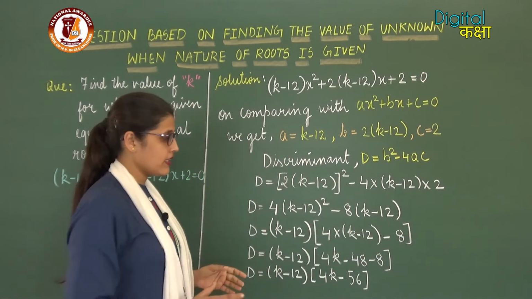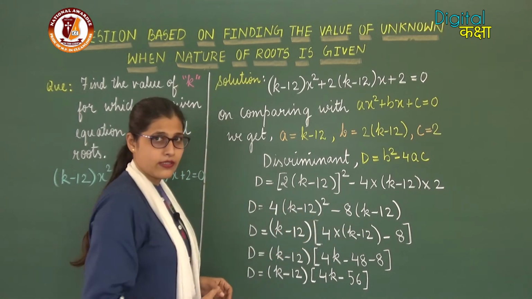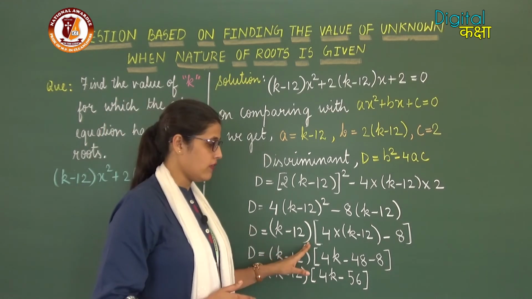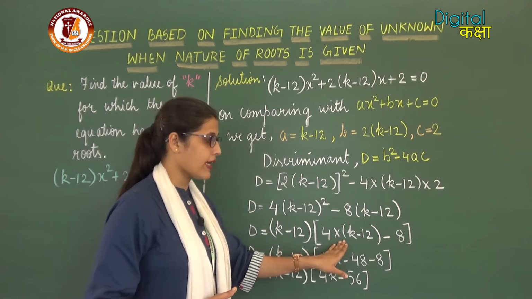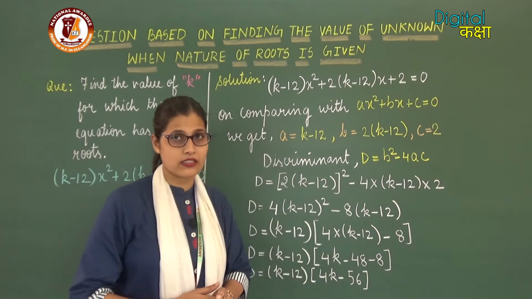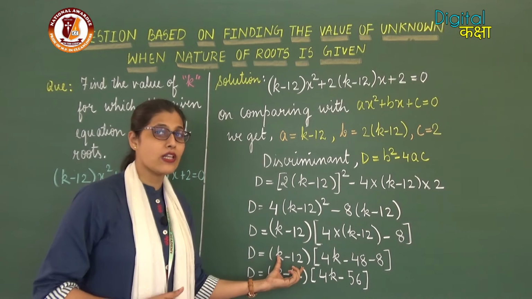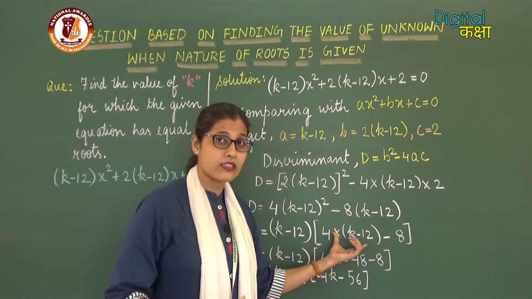As you can see, in both the terms, k − 12 is common. So, we will be taking out k − 12. We will be left with 4 multiplied by (k − 12) minus 8 in the bracket. Now, we will be writing k − 12 as it is, and we will be simplifying the bracket.